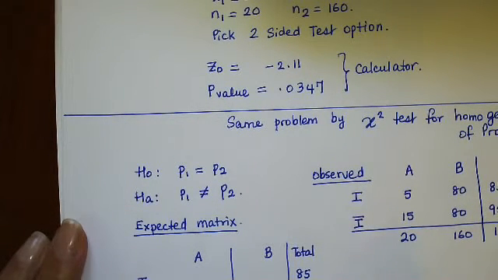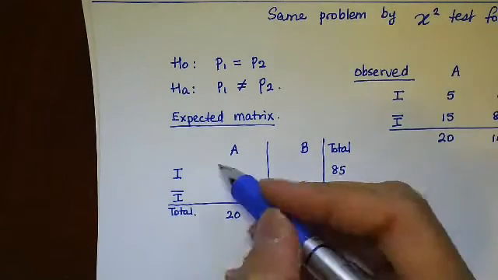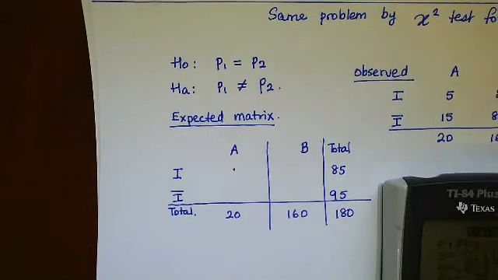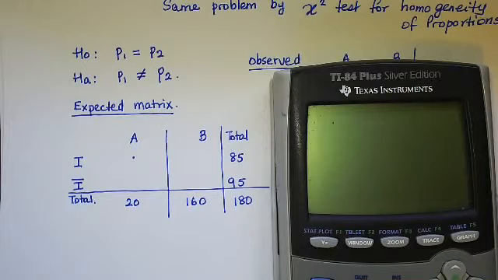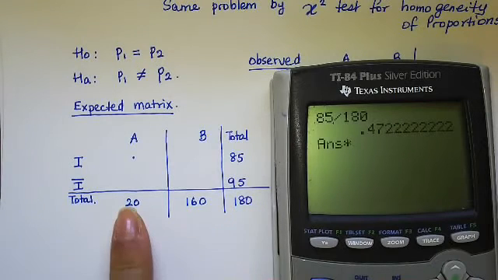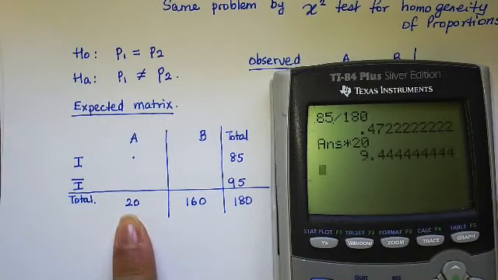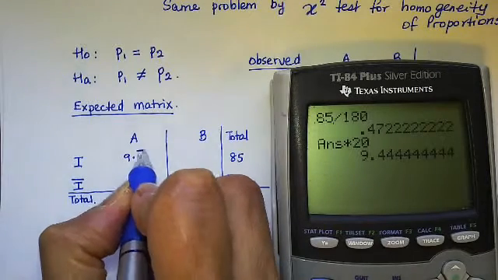And these totals here, the column totals, would be the same also. So I'm working on this cell right now. Let's take the row total, which is 85, divided by the grand total, 180, times the column total, 20. 9.4 repeating.